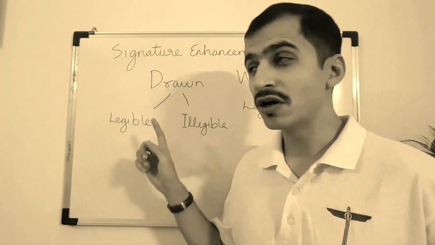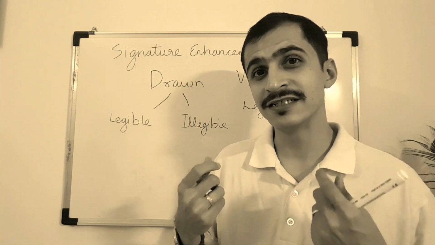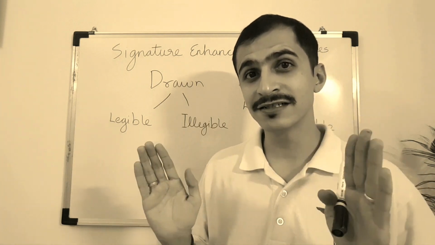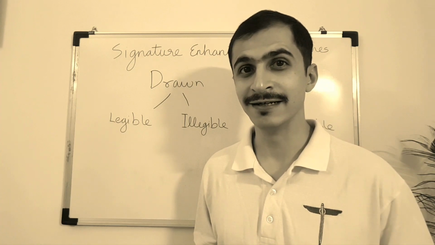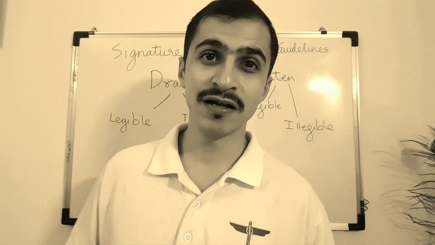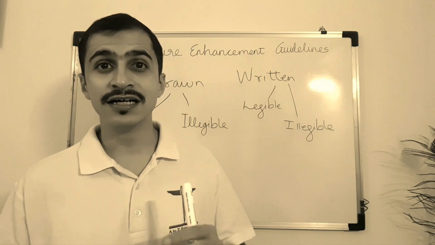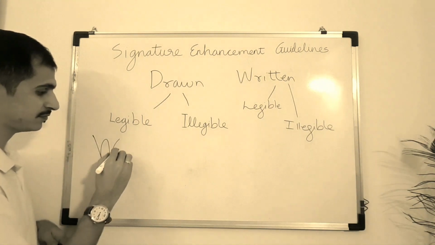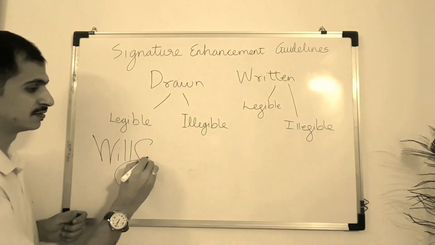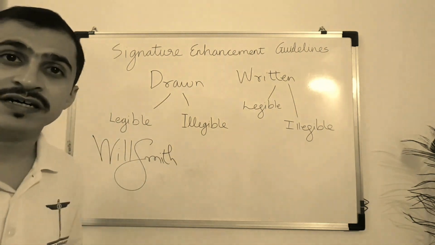Normally, a drawn signature becomes illegible, where the person's signature character structures, letter structures are not able to be identified easily. Like, let's take for example, if a person is named Will Smith, if he had a drawn legible signature, maybe this is the way he would sign.